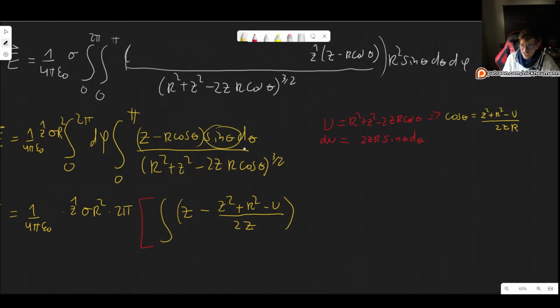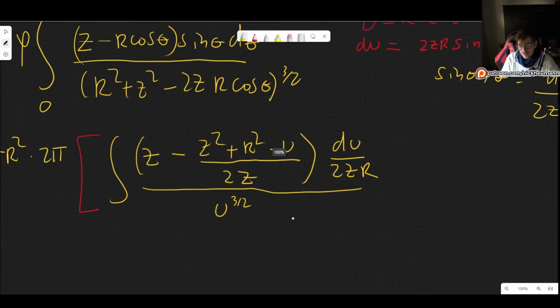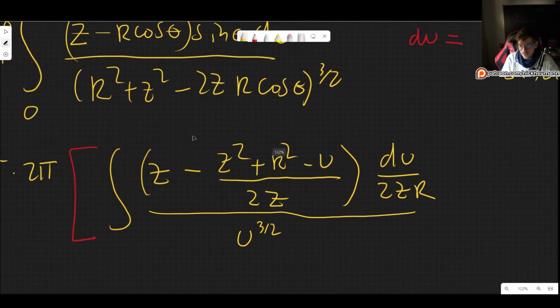And then we have sine theta, which we can find from here. So sine theta d theta is simply du divided by 2zr. So this is du divided by 2zr, and all of this is divided by u to the 3/2.